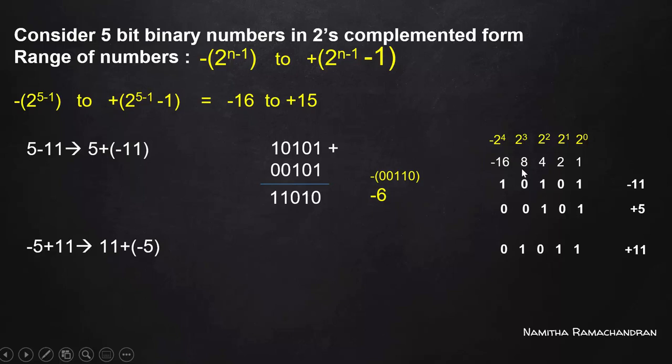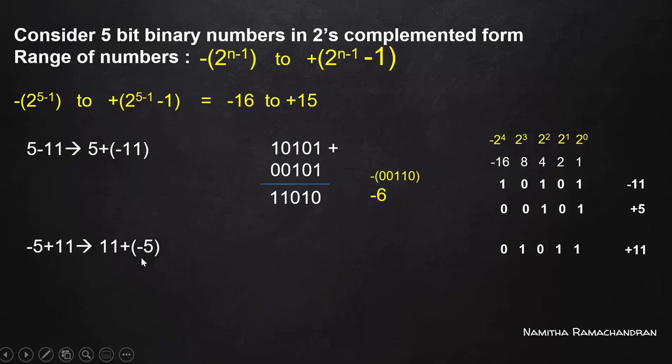Using the remaining weightages, how can we get the magnitude 11? 8 plus 2 plus 1 is 11. So put a 1 in this position, a 1 in this position, and a 1 in this position. This is the 2's complement representation for positive 11 using 5 bits.